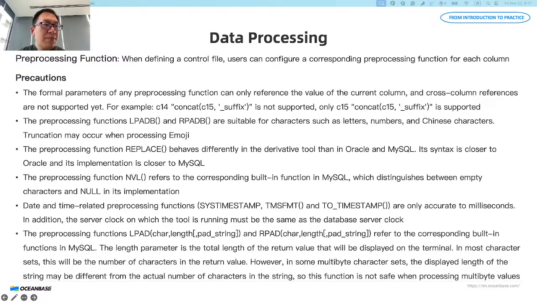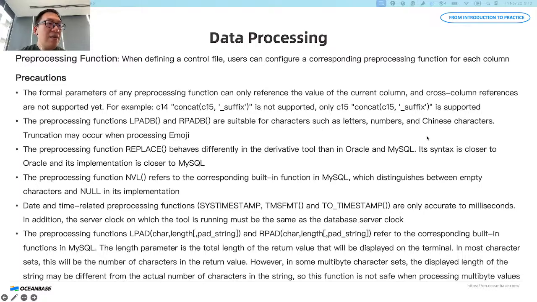The second one, the pre-processing functions LPADB and RPADB are suitable for characters such as letters, numbers, and Chinese characters. Truncation may occur when processing emoji.